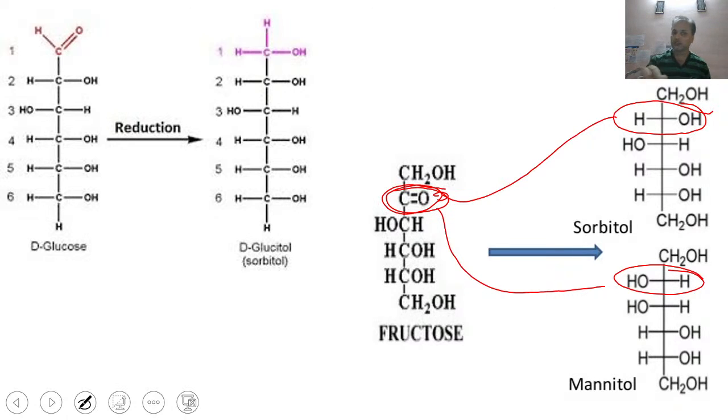Whereas in the case of glucose, because it was a primary alcohol, the carbon is symmetric, so only one type of structure is possible. You don't have either D form or L form, or right side or left side, everything will be the same. But in the case of fructose, this will be an asymmetric carbon.